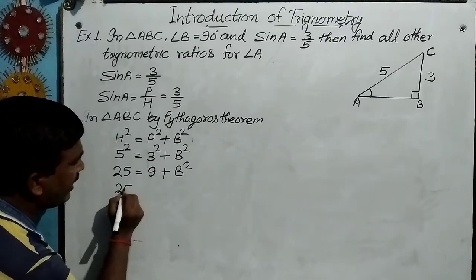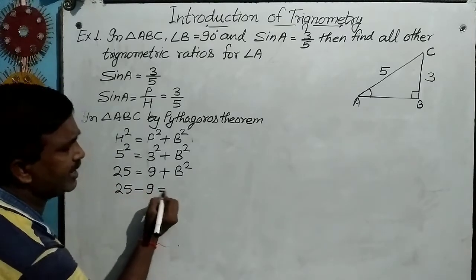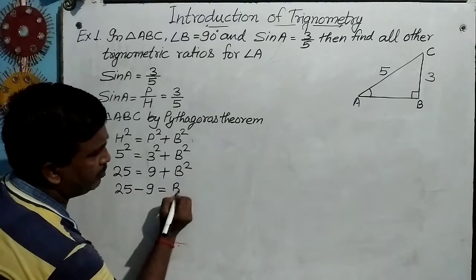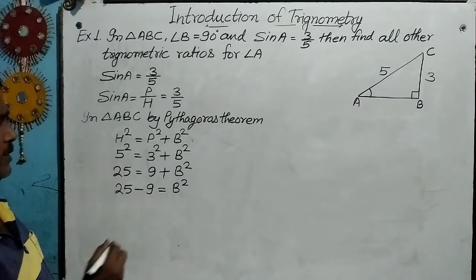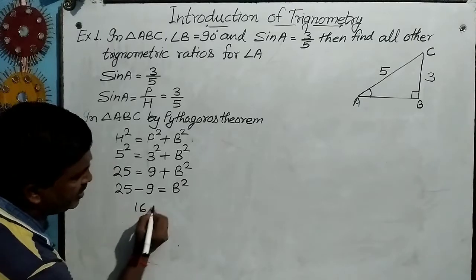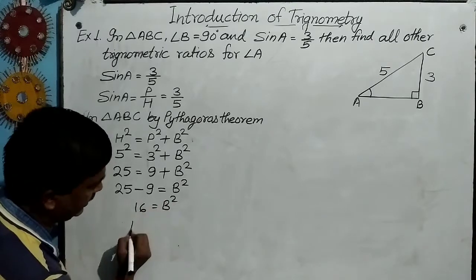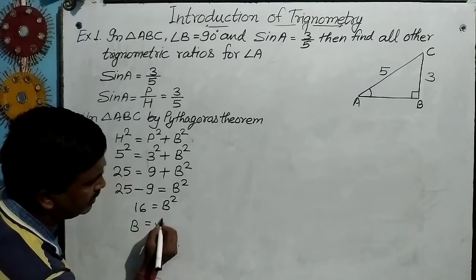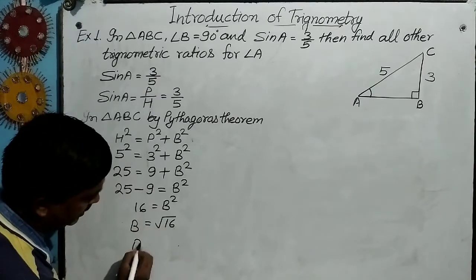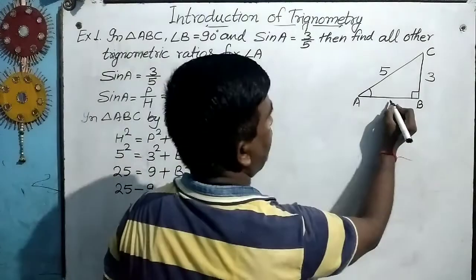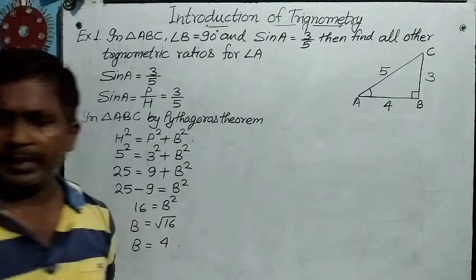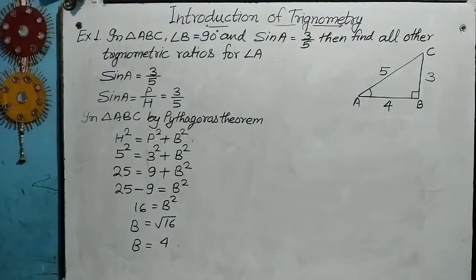You will get minus 9 here and here you have b square. Now subtract: 16 equals b square, and b equals under root 16, so b is equal to 4. So AB base is equal to 4.